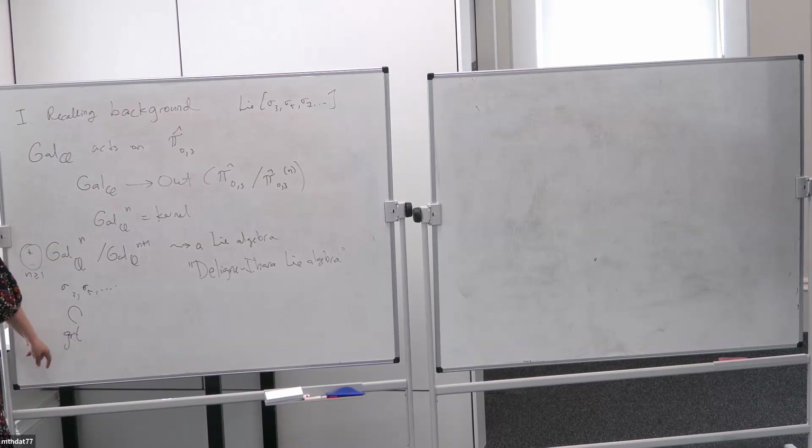But what we do know now, thanks to Francis, is that there are such elements in there which maybe generate the whole thing, and which in any case are canonical important Galois elements that are inside it. So the result here that I'm going to explain today does have a consequence on the Grothendieck-Teichmüller Lie algebra also, in that it gives a family of canonical elements which are potential generators.